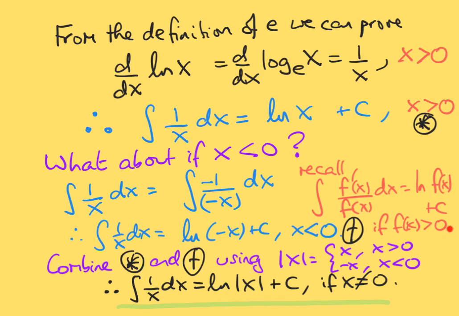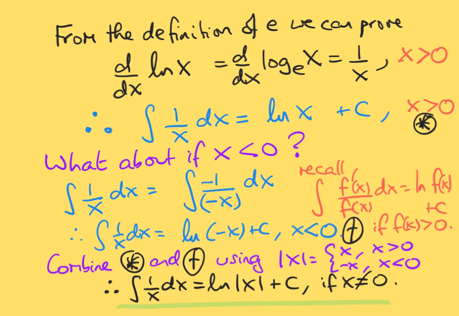But here I'm assuming that the function is itself positive. Now, here we have exactly this situation. If x is negative, minus x is a function of x and it's positive. And minus 1 is the derivative of that function.